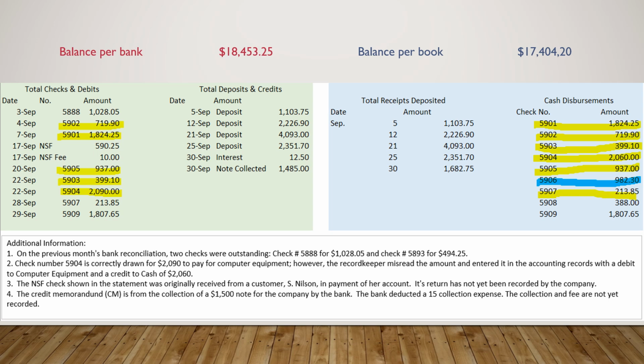5907, 5907, 5908. Again, we don't see 5908 over on the bank statement, so that's going to be another outstanding check. And lastly, 5909 and 5909.